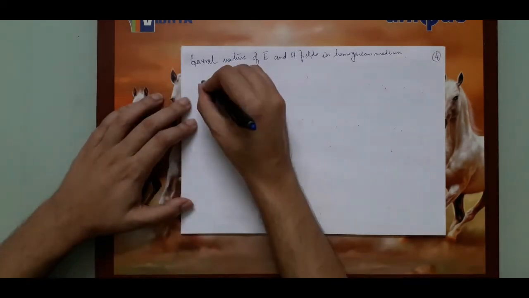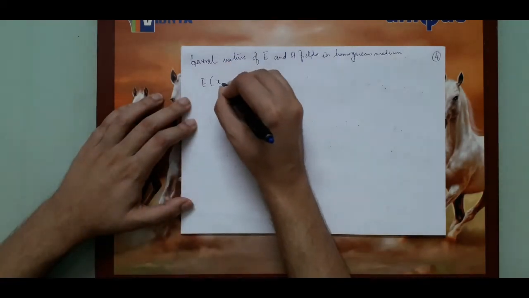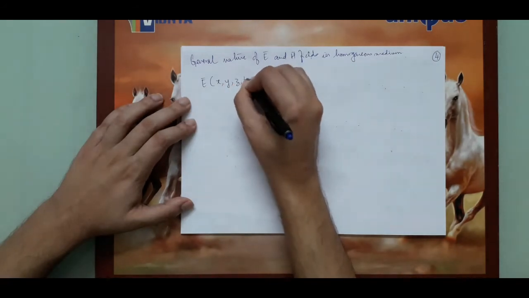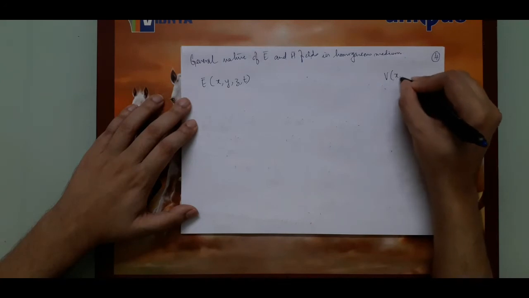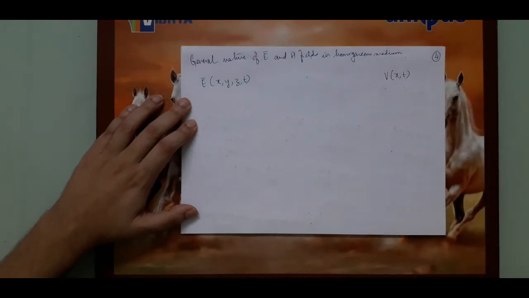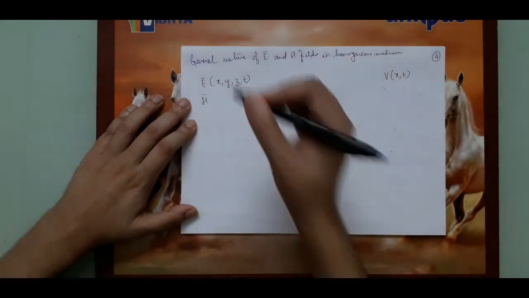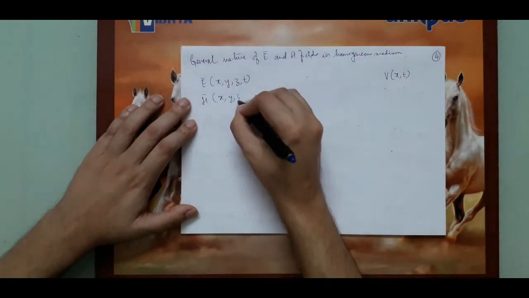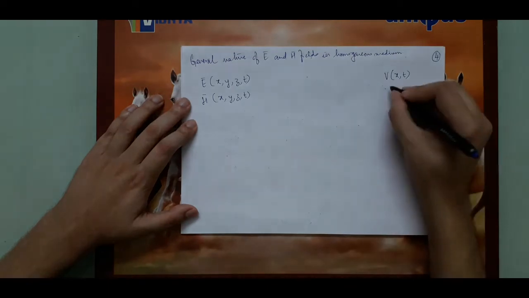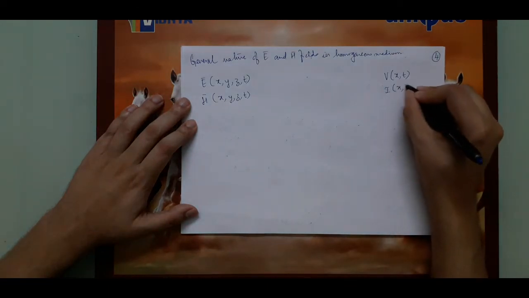So the electric field will be a function of x, y, z and time, just like in transmission line the voltage was a function of x and time also. The magnetic field will be a function of x, y, z and t, just like how current was a function of x and t also.